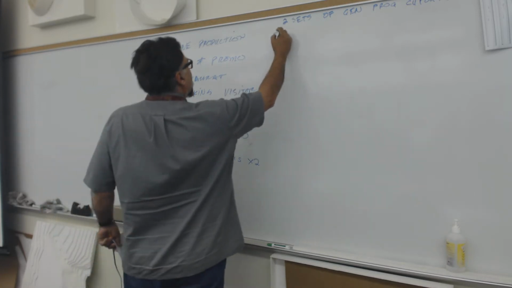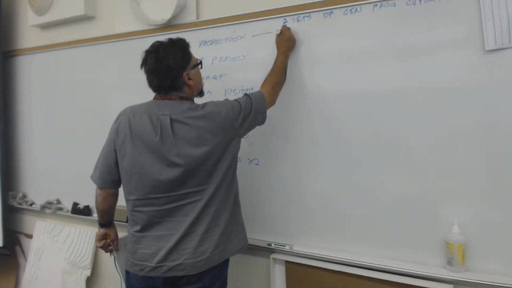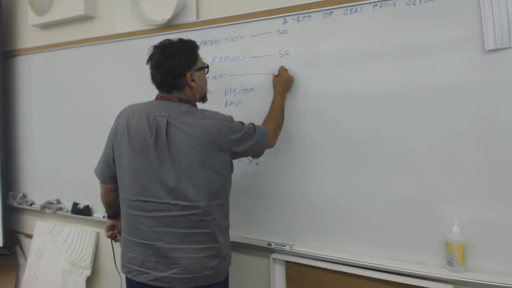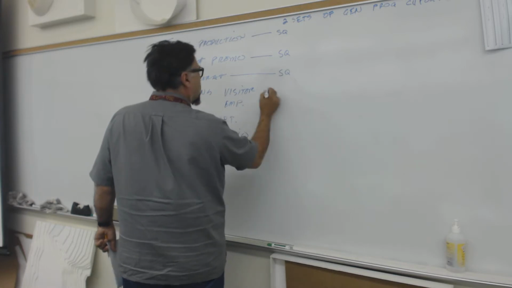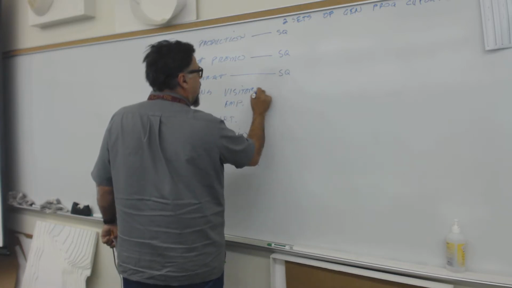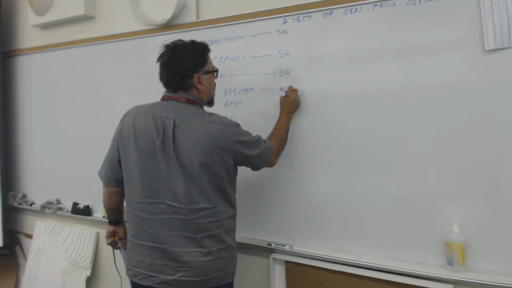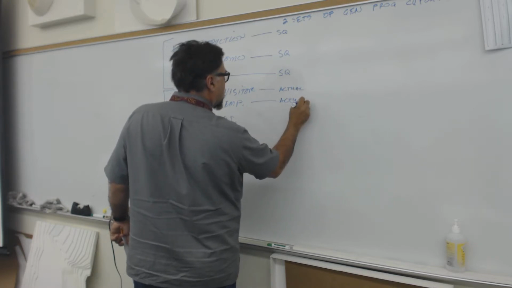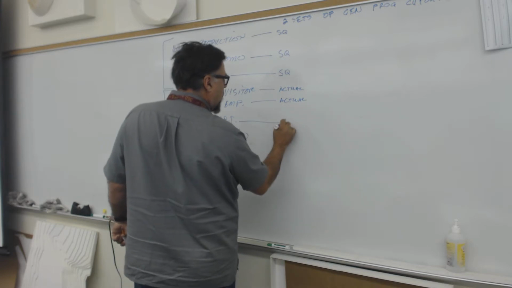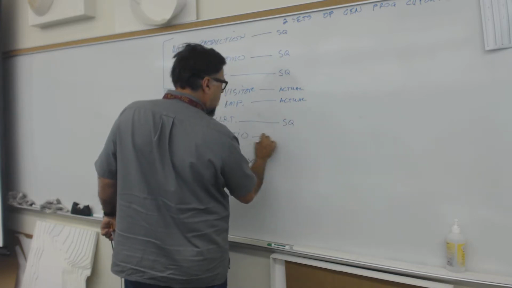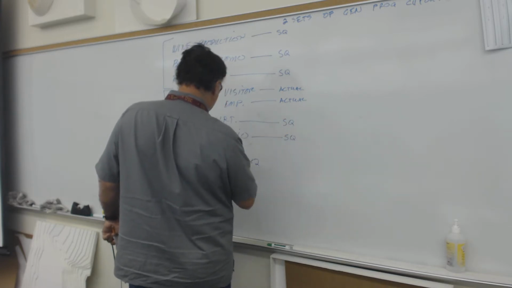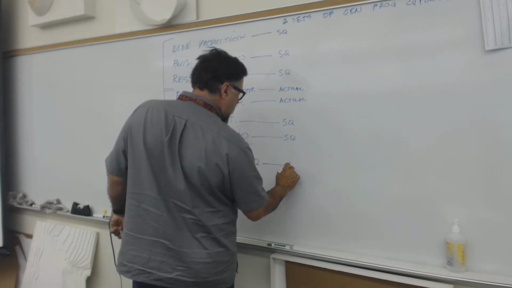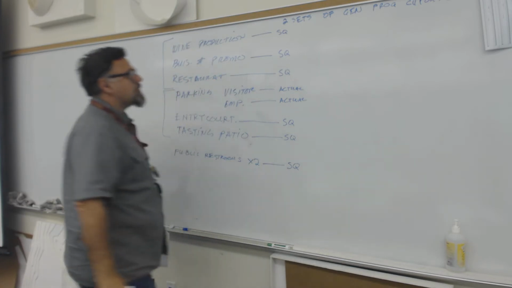So this one here will be a square, square, square. This one will not. This one will be actual. The entry court will be a square, the tasting patio a square, and the public restrooms, for now, we'll leave them as squares.